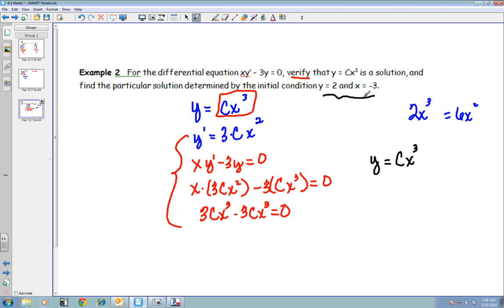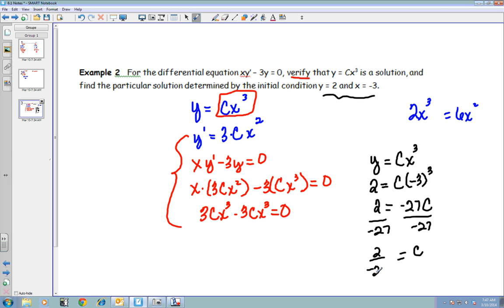So they gave us numbers to plug in for our x and for our y. So y is 2, and my x is negative 3. So I have 2 equals negative 3 to the third power, that's negative 27 times c. Divide by negative 27, and I get c is 2 over negative 27.